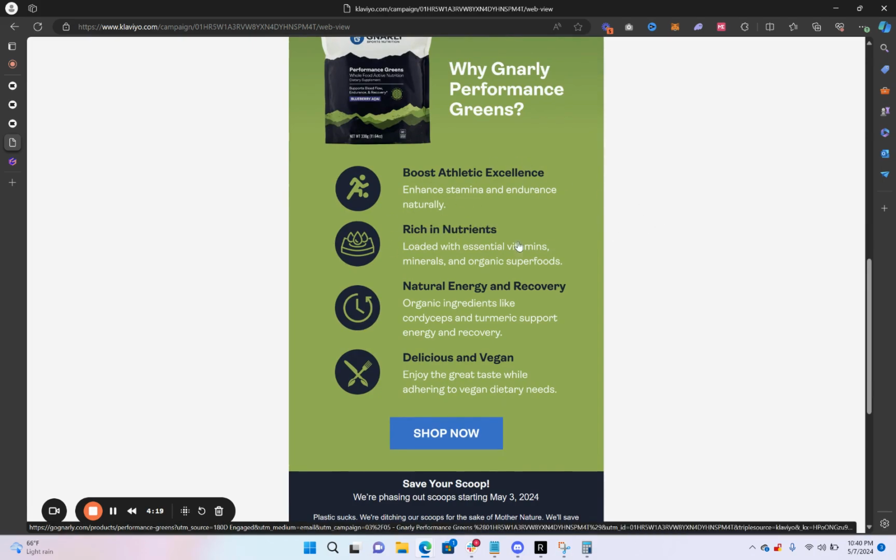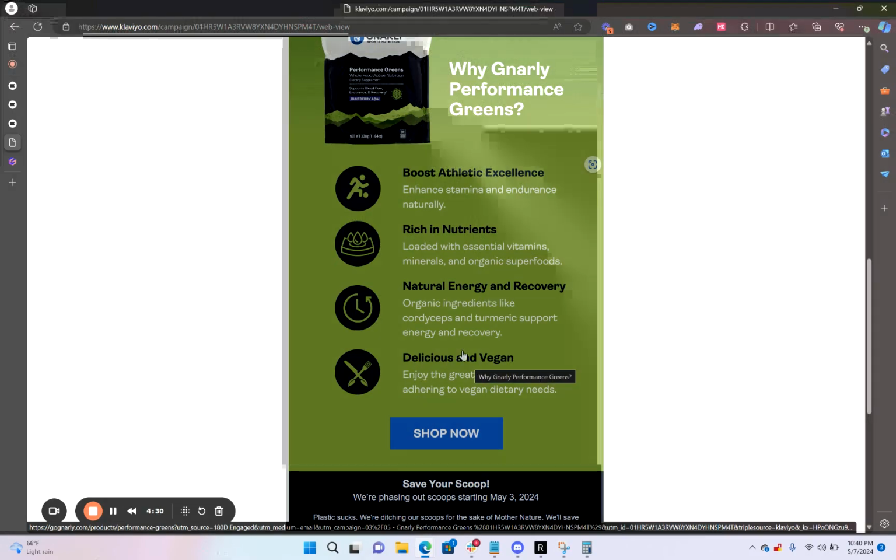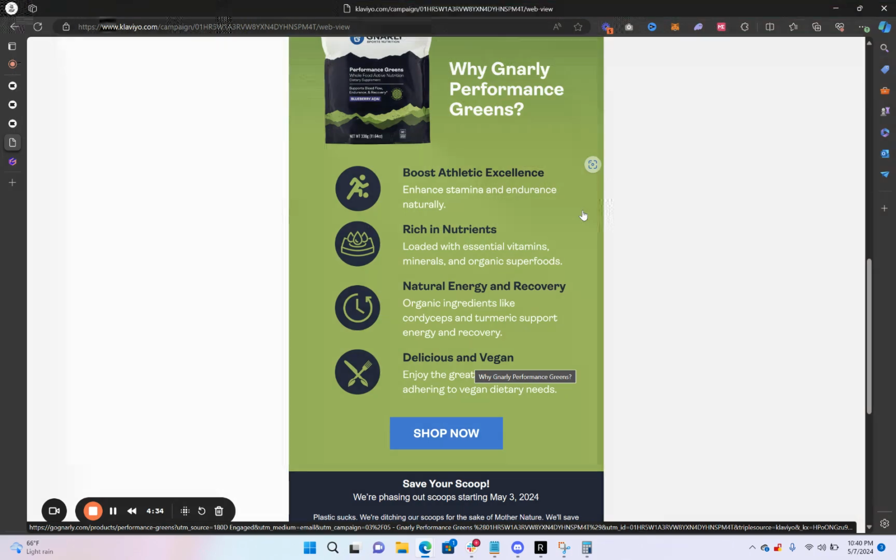So athletic excellence, and these are all buzzwords that in their head they're going to be like, oh yeah, that's exactly what I'm looking for. So rich in nutrients, boosts athletic performance, natural energy and recovery, and delicious and vegan. These are all things that they will have been reading in their health magazines or scrolling through Google, social media, etc., to figure out how to maximize things like this. So natural energy and recovery, etc.